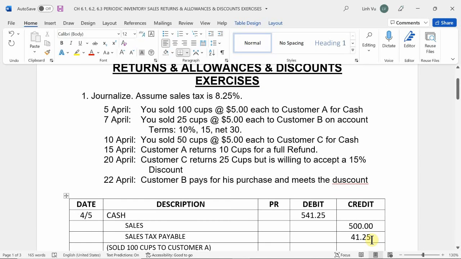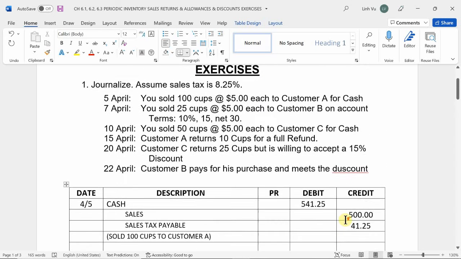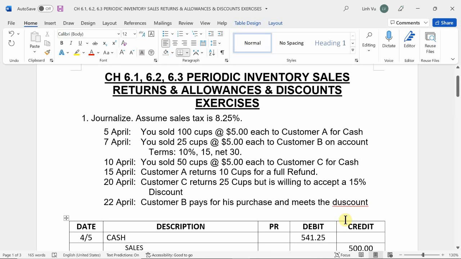So then April 15 rolls around and customer A wants to return 10 of those cups for a full refund. Okay, so let's take a look. When did customer A buy cups from me?